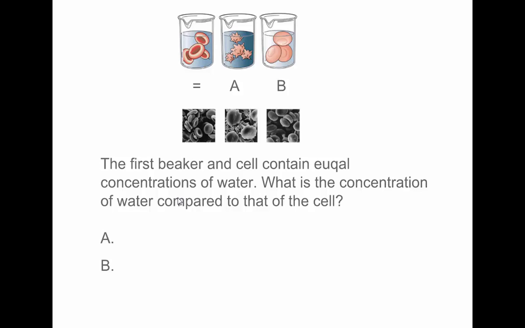If I take some cells, some blood cells, that's what these represent. Cells vary on the type of cell. Between 80 and maybe 90% of a cell is actually just water. If I take, let's say, a cell that is 85% water, and I put it in a salt solution, which is also 85% water, what do you think will happen?